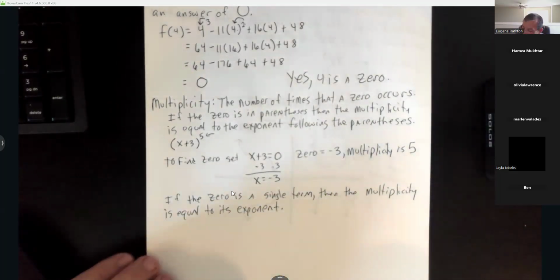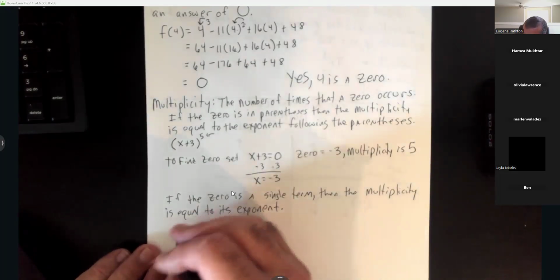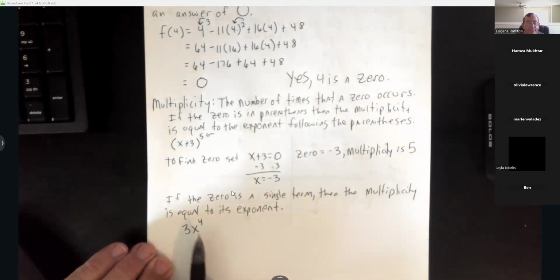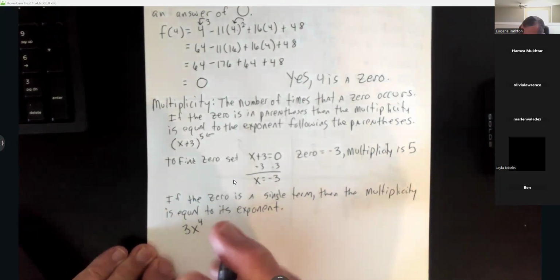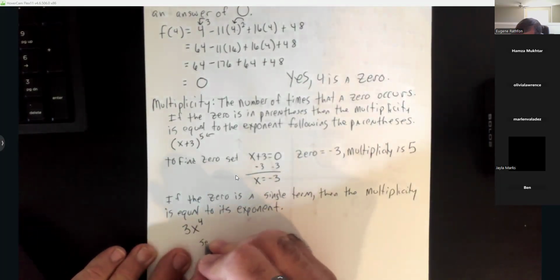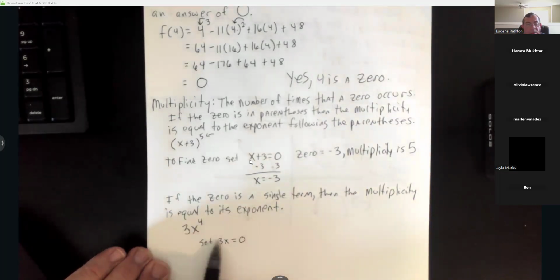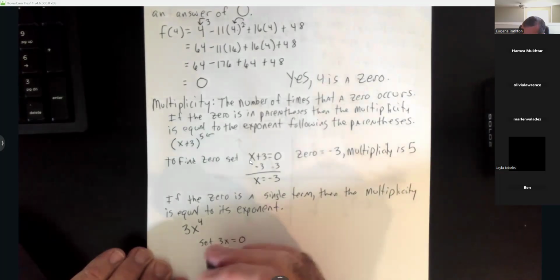And y'all, here's the cool thing about these. So say I had 3x to the fourth. We don't even care about that 3. Anytime it's a single factor like this is, you would set 3x equal to 0. And then you would just solve this by dividing by 3.